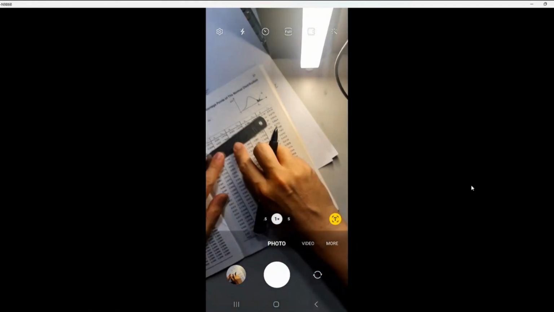Now I'm going to look up the alpha in the table. It says alpha here, 0.025. So I take the Z alpha, 1.96.